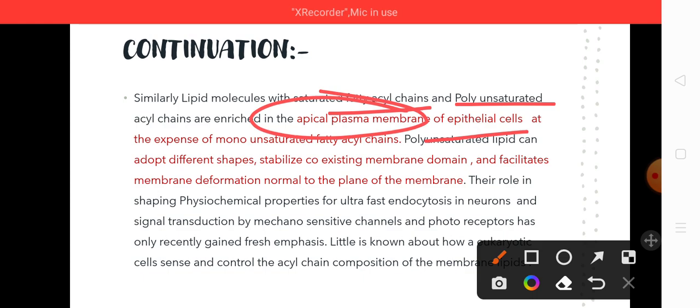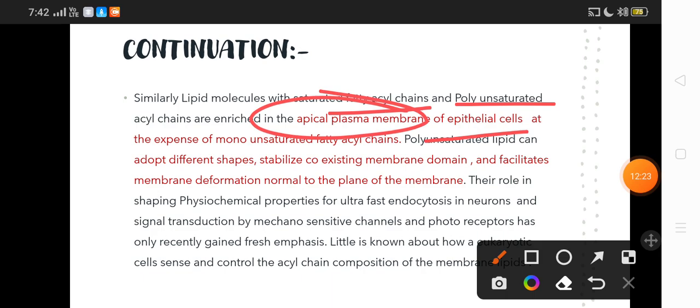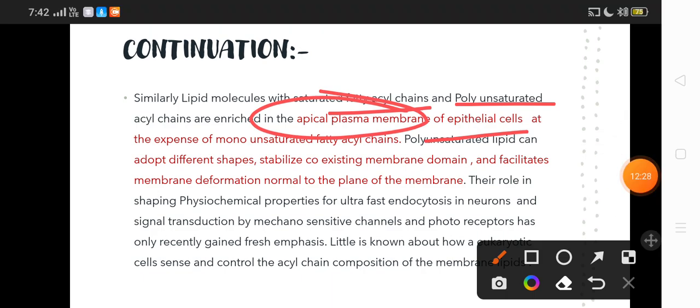Okay, similarly the amount of unsaturation will differ depending upon where that particular lipid is present.